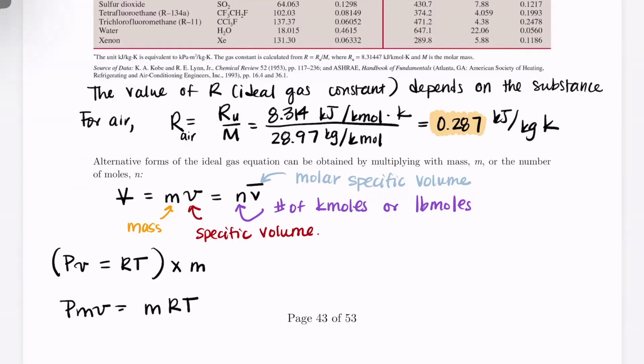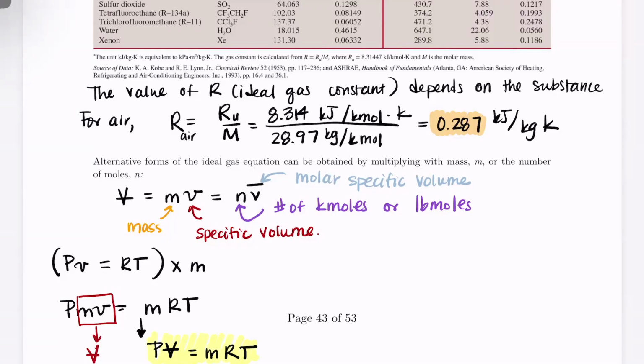And I know that M times specific volume is equal to the total volume. The equation is then just PV, where V is volume, is equal to MRT. So that's one alternate form of the ideal gas law.